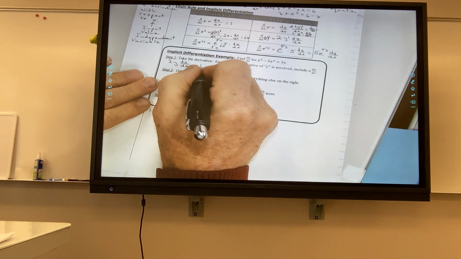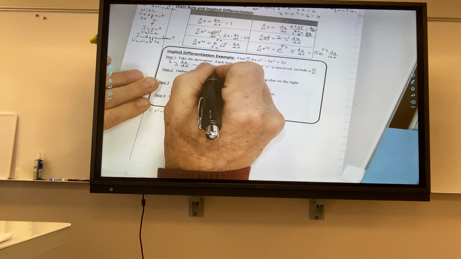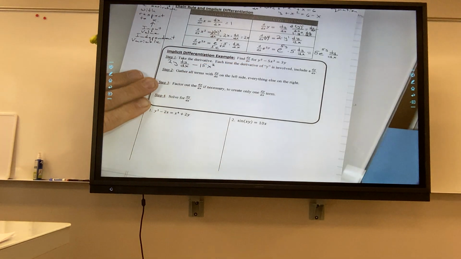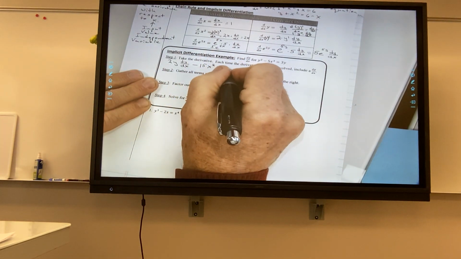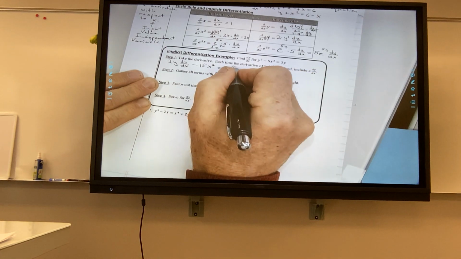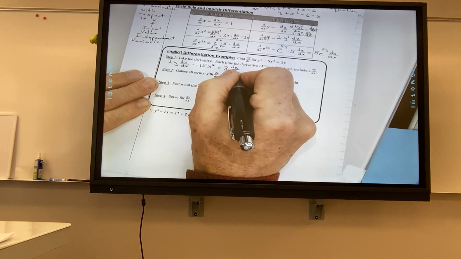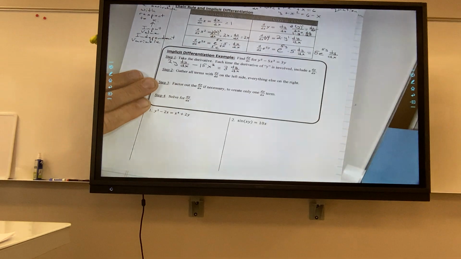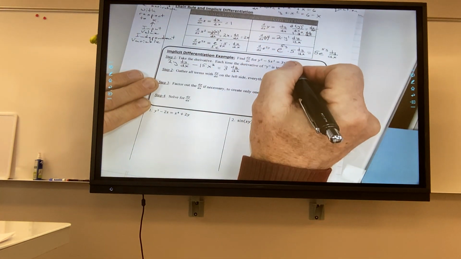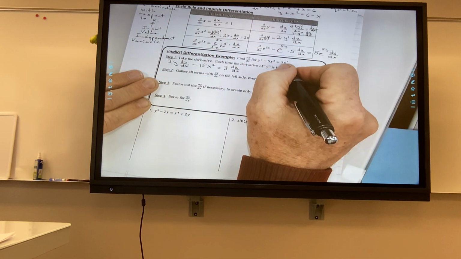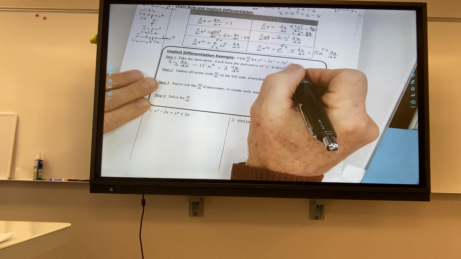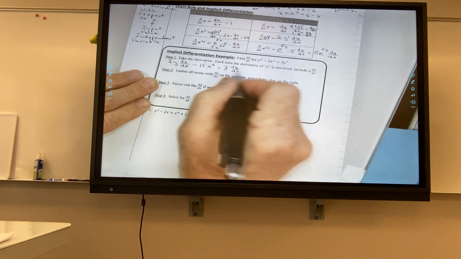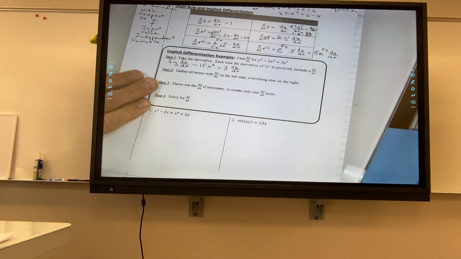So it's just going to be 15x squared. This is going to be 3, the derivative of y is dy over dx. Because it's really y to the first power, 1 times 3 is 3, this goes y to the 0 power, which means it becomes a 1, and because there's a y there, I have to attach the dy over dx.